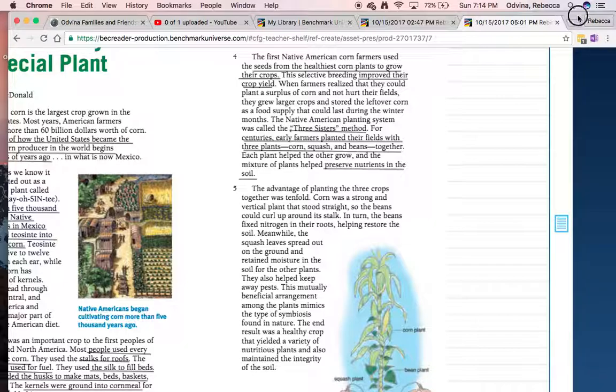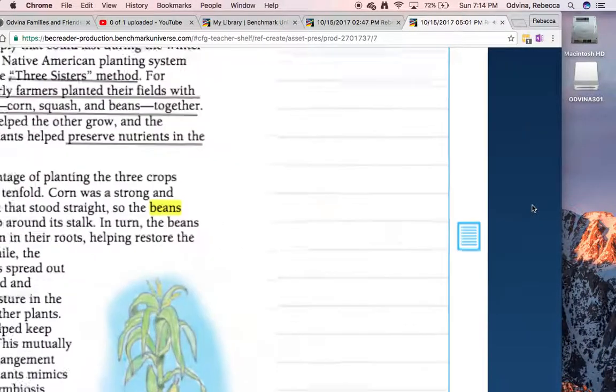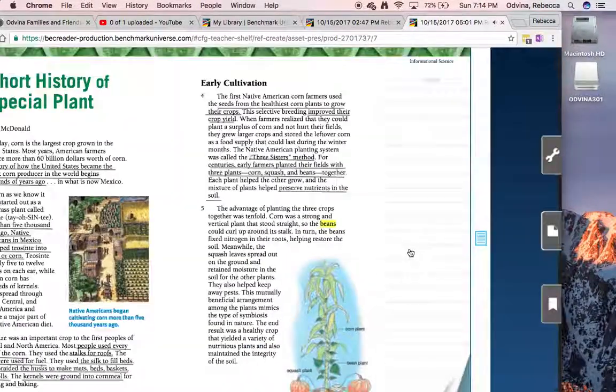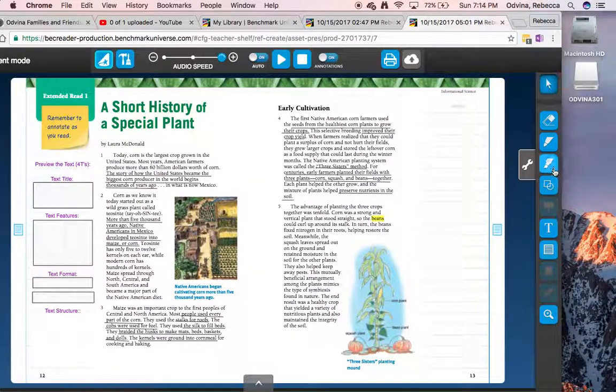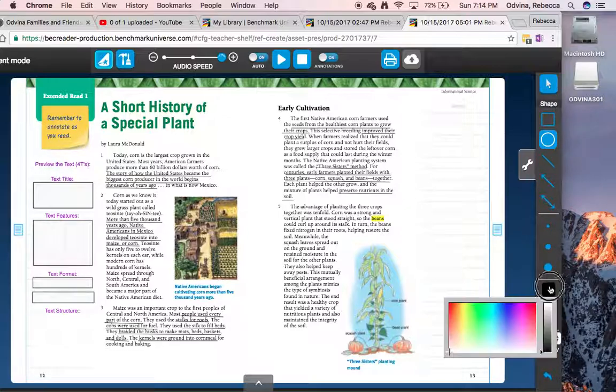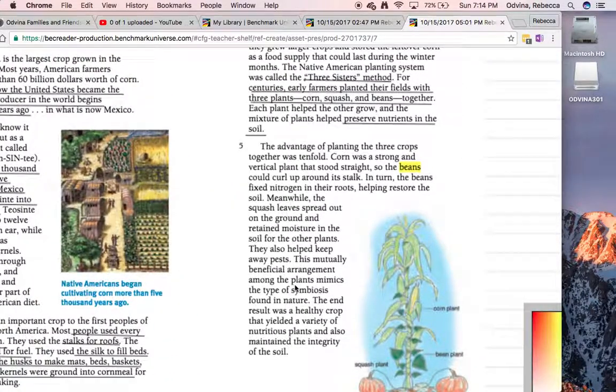I'm going to get this circle tool and change the color to red, because I really want this word to stick out. I go to symbiosis, and there it is, and I'm going to put a circle around it.